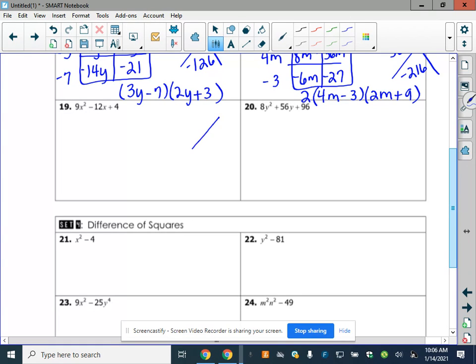19 does not have a common factor. Multiply first times last. I want to know what multiplies to 36, adds to negative 12, which is negative 6 and negative 6. Draw my box.